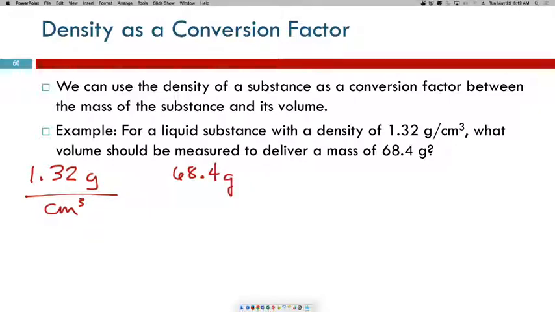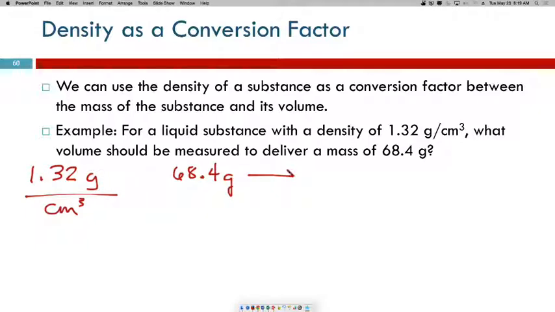So we've got two numbers. We have to decide which one we are going to start with. Well, this one looks like a conversion factor, doesn't it? The density gives the relationship between grams and cubic centimeters for this particular substance. We are given grams, and we're asked to find volume.